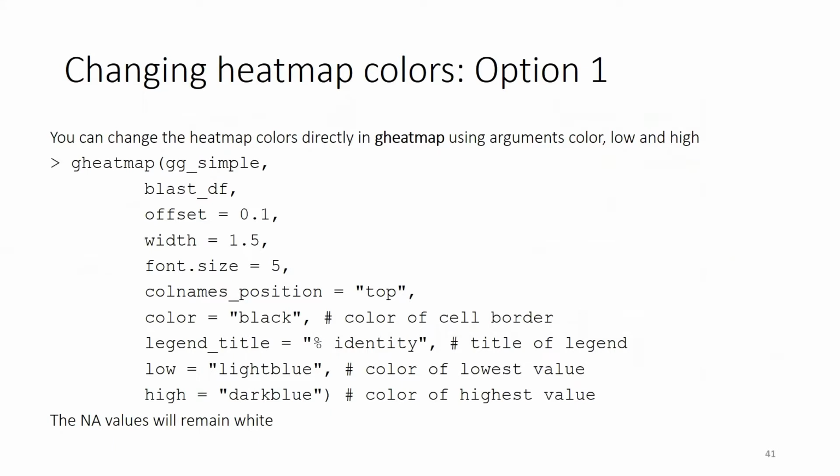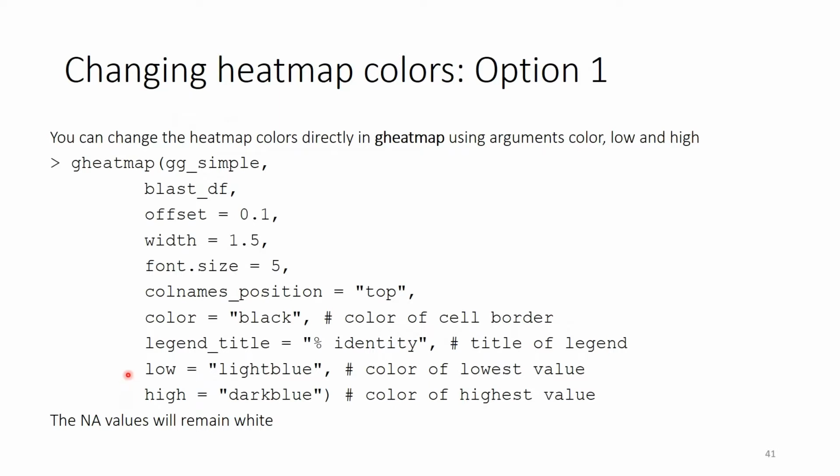The final thing that we're going to do to spruce up our tree heat map a little bit is to adjust the colors. I will show you two different options; there may be more. The first is going to change the heat map colors directly in gheatmap using the arguments low and high.